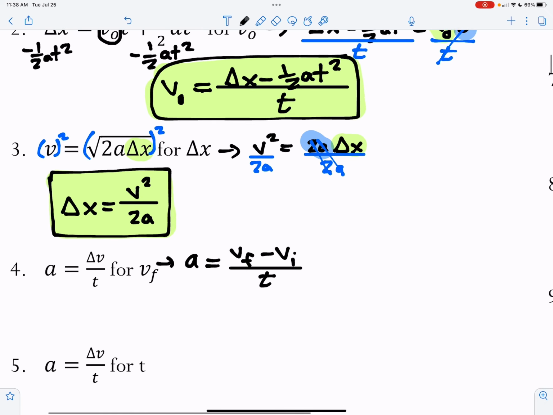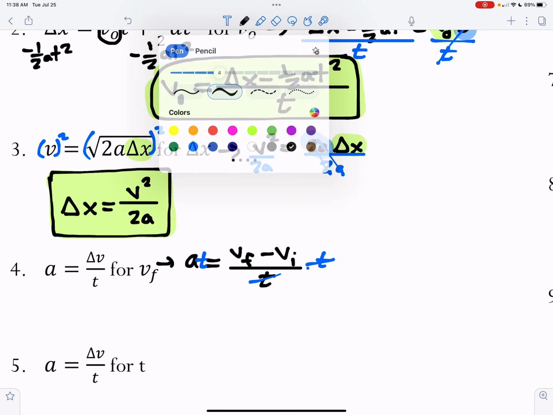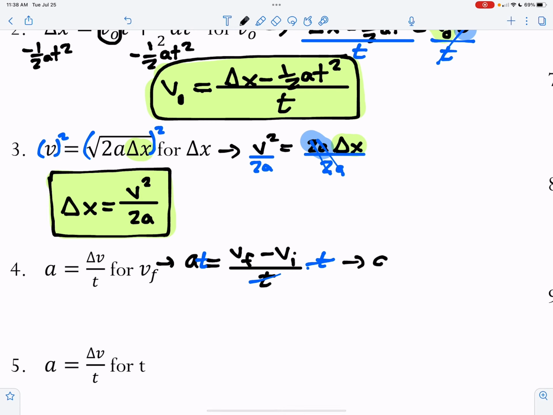Now, the first thing I notice is I've got to get rid of this fraction here. If I'm dividing by t, the opposite of that would be multiply by t. Just make sure you do it to both sides. Rewrite it, and we get a times t on the left equals v final minus v initial on the right.